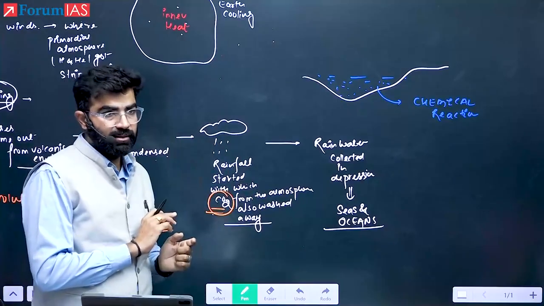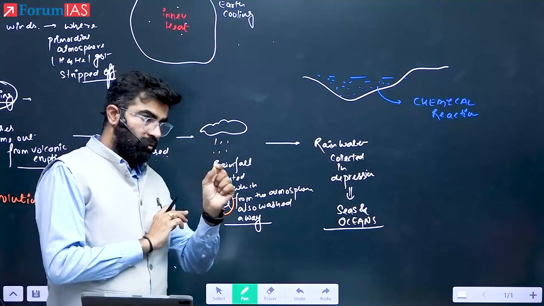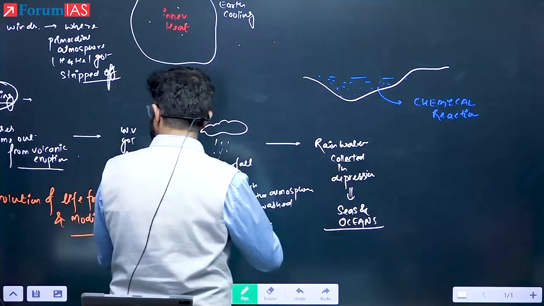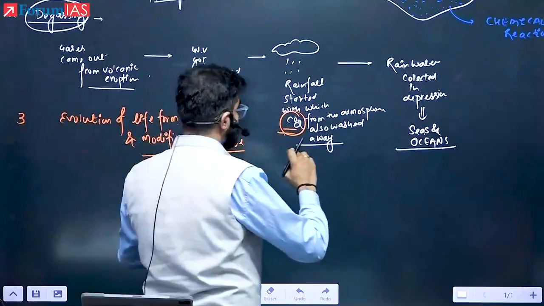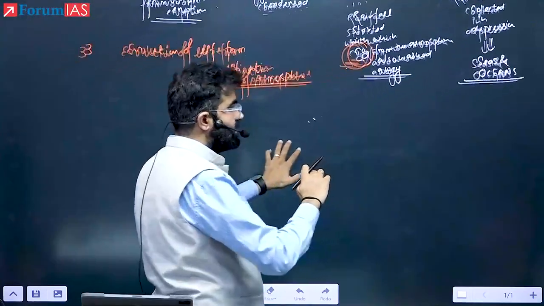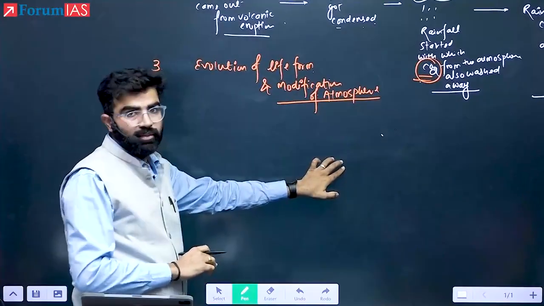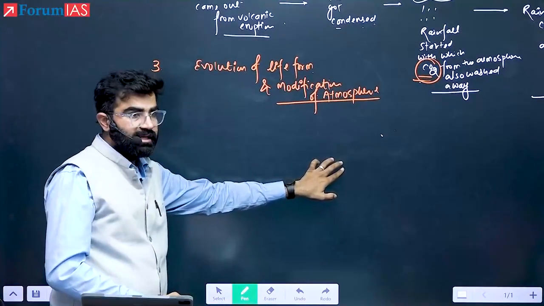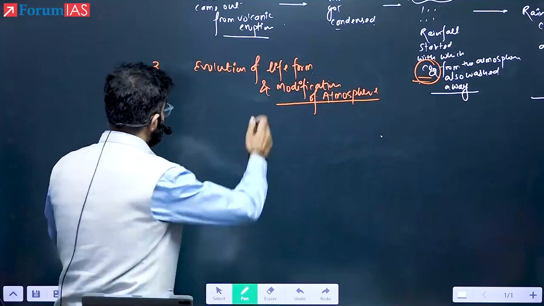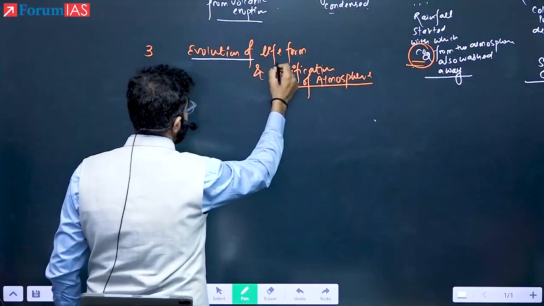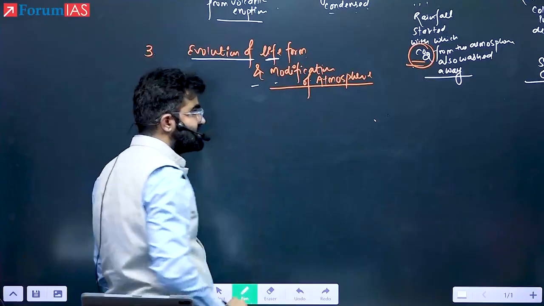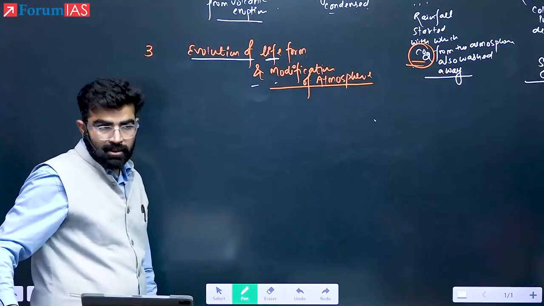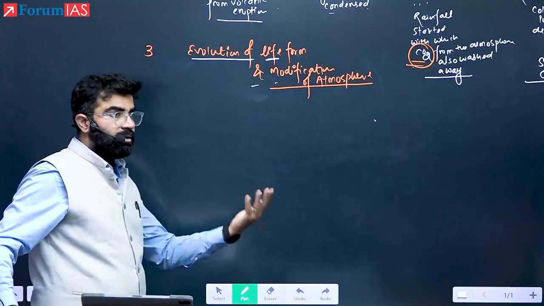and this process started. Okay? So the evolution of the life form is considered initially chemical, and then later it converted into biological. Initially simple, then later it became multicellular and complex. Now tell me how this evolution of life form will impact the atmosphere. Yes, so what will happen?